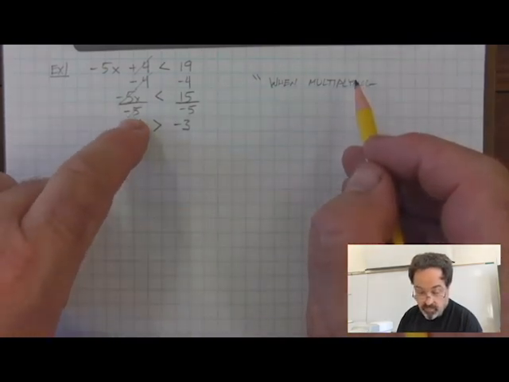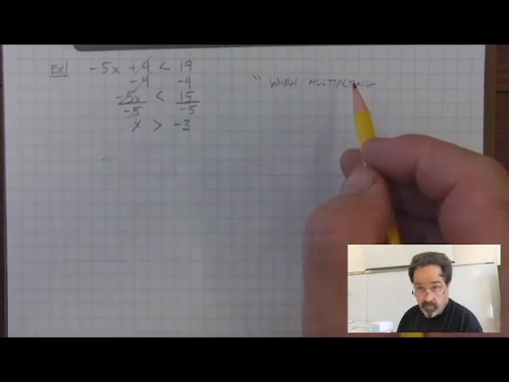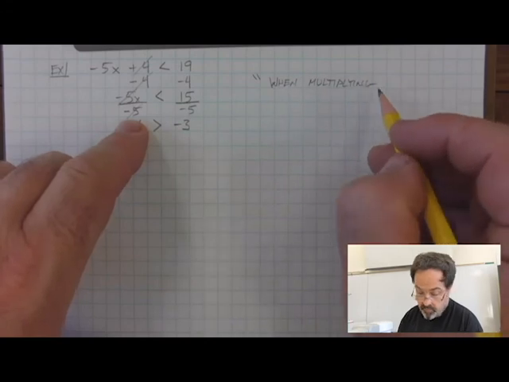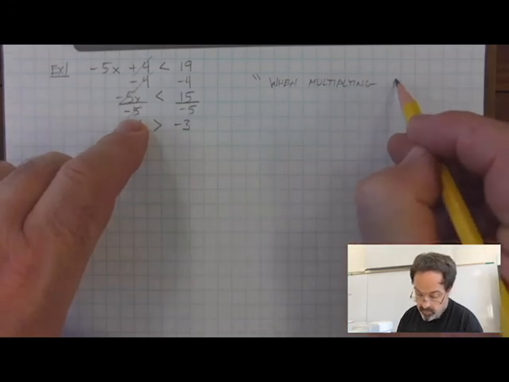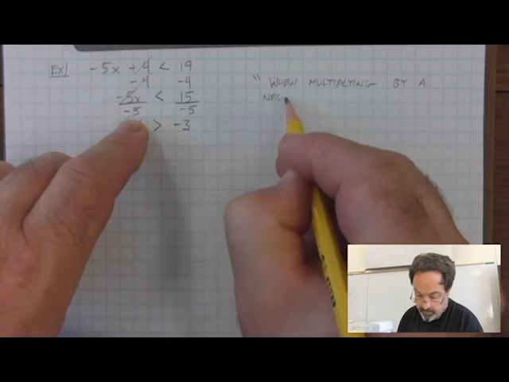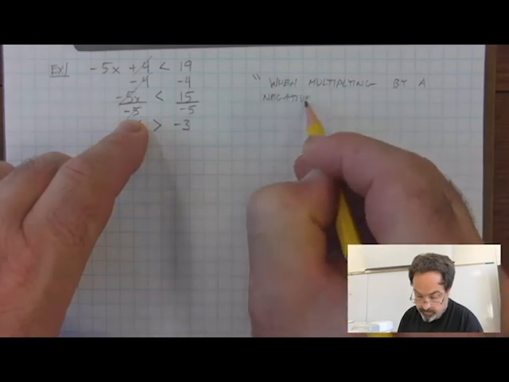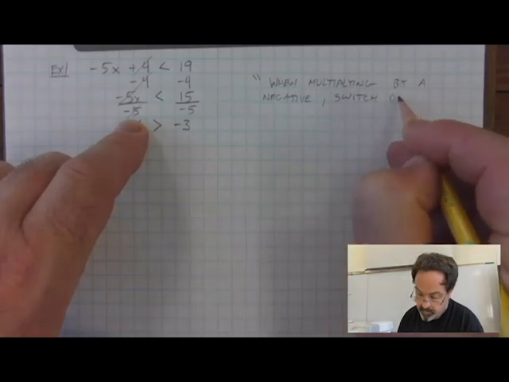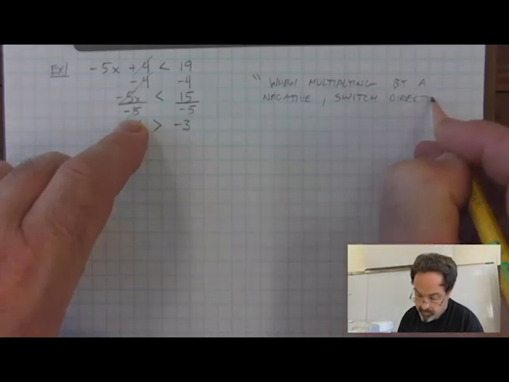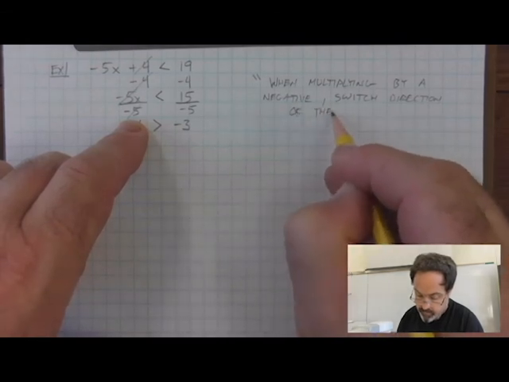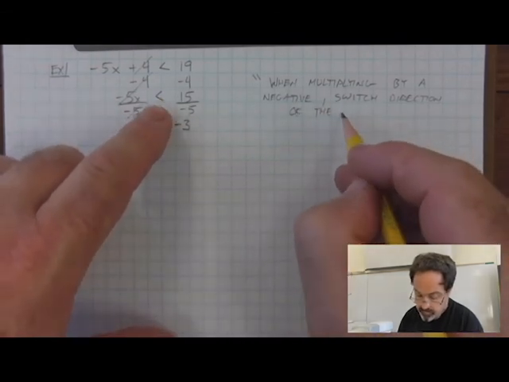In this case, of course, I divided by negative 5, but I can also think of it as multiplying by a negative number, negative 1/5. When multiplying by a negative, then remember to switch direction of the sign. In this case, the comparison symbol.